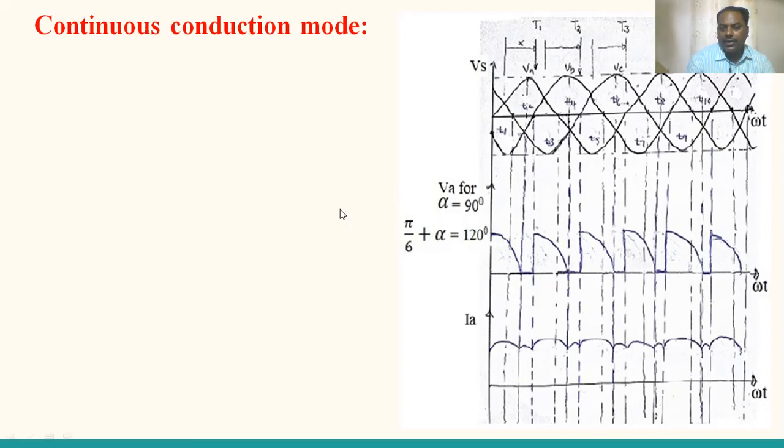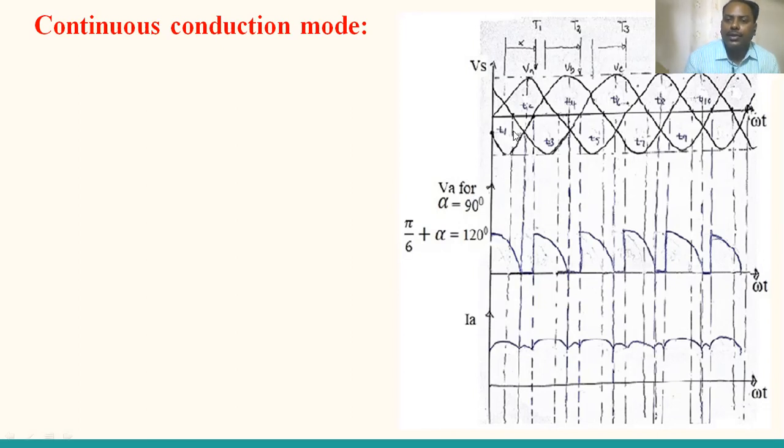For 3 pulse, you have to consider 30 degrees, that is 5/6. For 6 pulse, you have to consider 60 degrees, that is 5/3. 5/3 plus 90 is equal to 120 degrees.